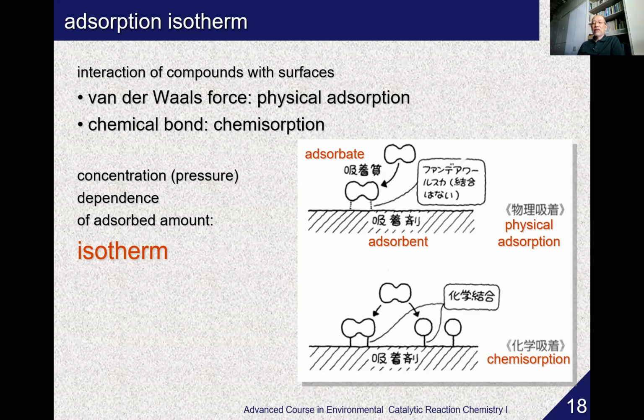And physical adsorption was just physical adsorption, not physisorption. There was no term physisorption in those days about 40 years ago. But now it is possible to say that physical adsorption can be called physisorption again.